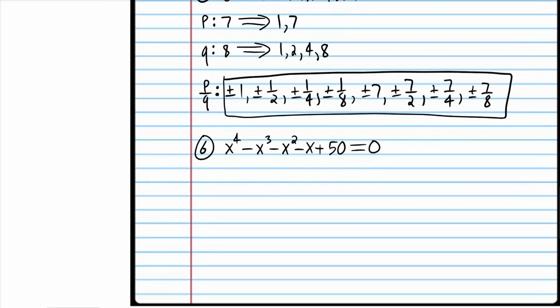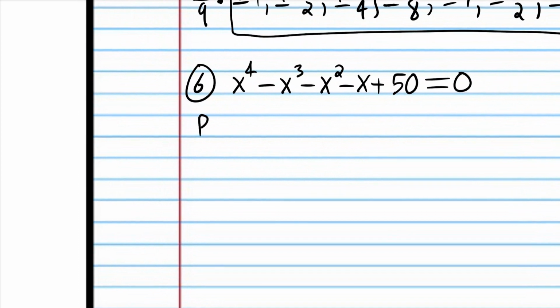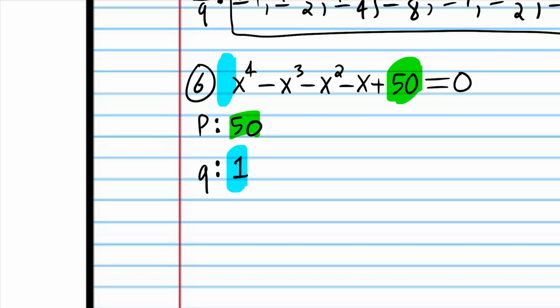Okay, we're back. So P represents all of the factors of the last term, and Q represents all the factors of the coefficient of the first term. So just to be clear, that number came from there, and that number came from there.